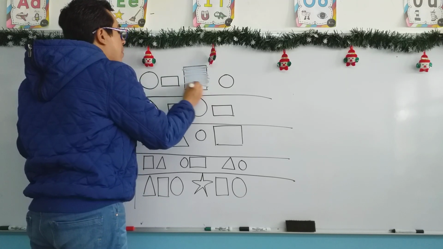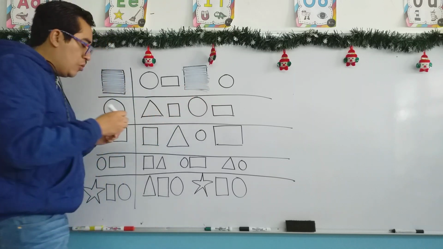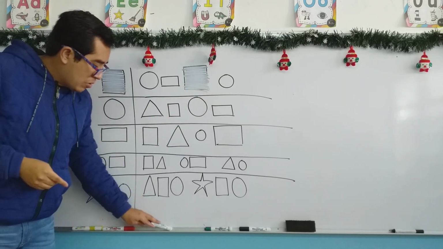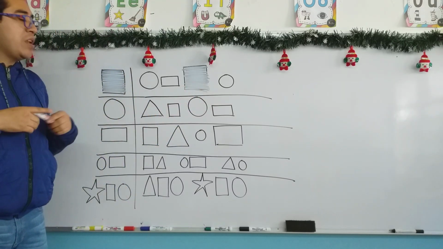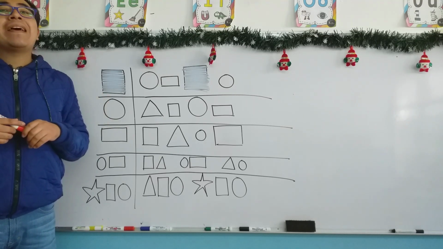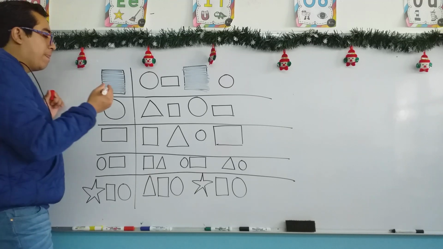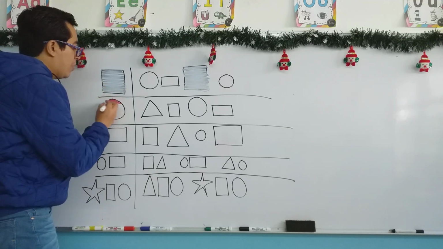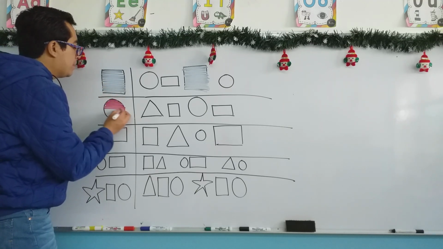Remember, the color blue is my option. If you want to use a different color, there is no problem. Let's continue with the second geometric shape, which is a circle. For this, the circle, I will paint it color red.